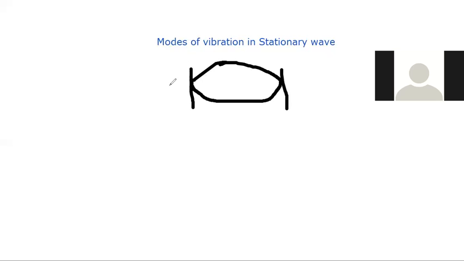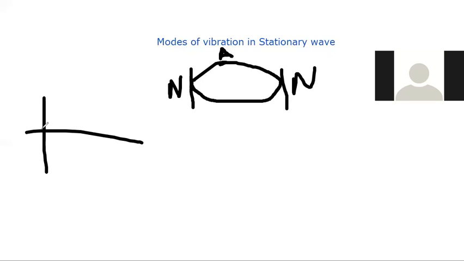The sides of this are the nodes, and here this is the antinode. Do you remember we studied this? I use this drawing. You remember I used this drawing?